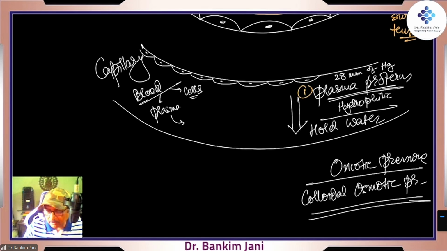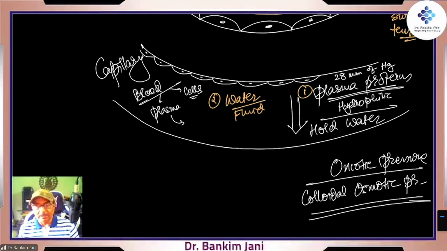So this is oncotic pressure. First, we just talk about all the pressures. Second, if the water is more, water has a tendency to seep out through these spaces. Right? So over here, it is the fluid which has the habit to go out. That is the water or the fluid, and that is called the hydrostatic pressure.